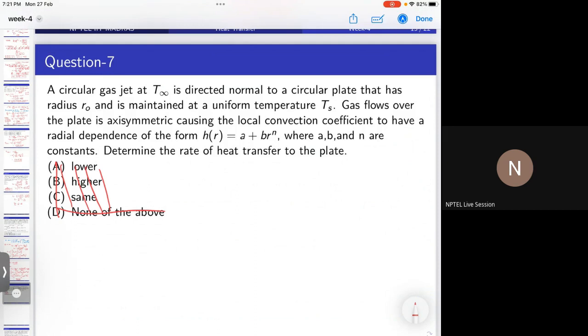Gas flow over the plate is axisymmetric, causing the local heat transfer coefficient to have a radial dependence of the form A plus B r raised to n, where A, B, n are constants. Determine the rate of heat transfer to the plate. This is the question.